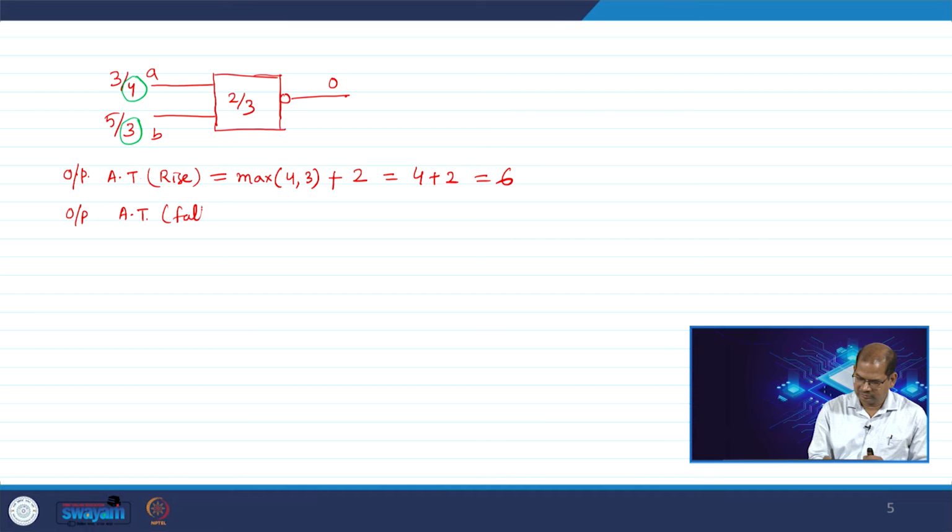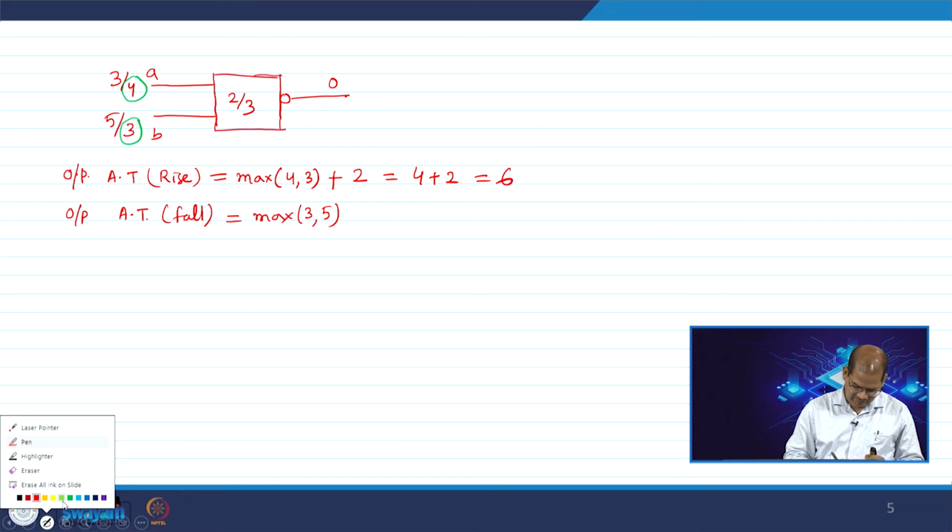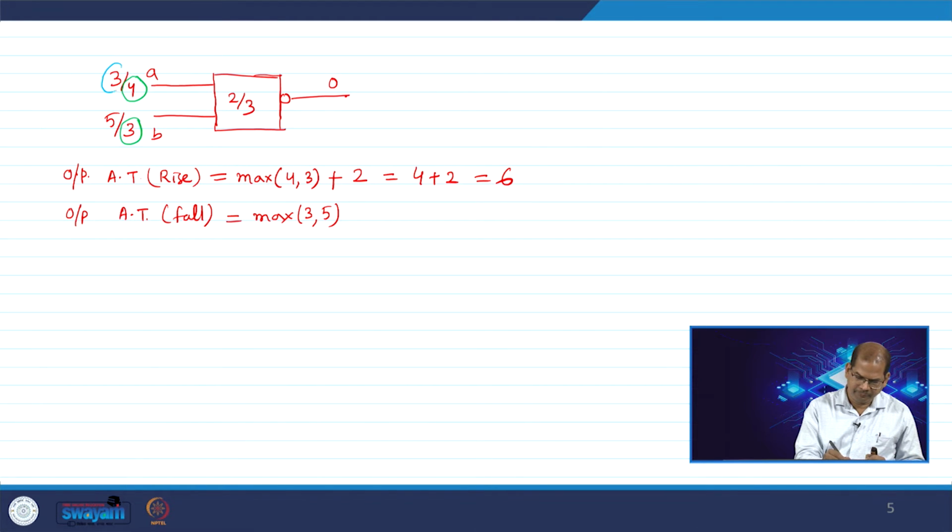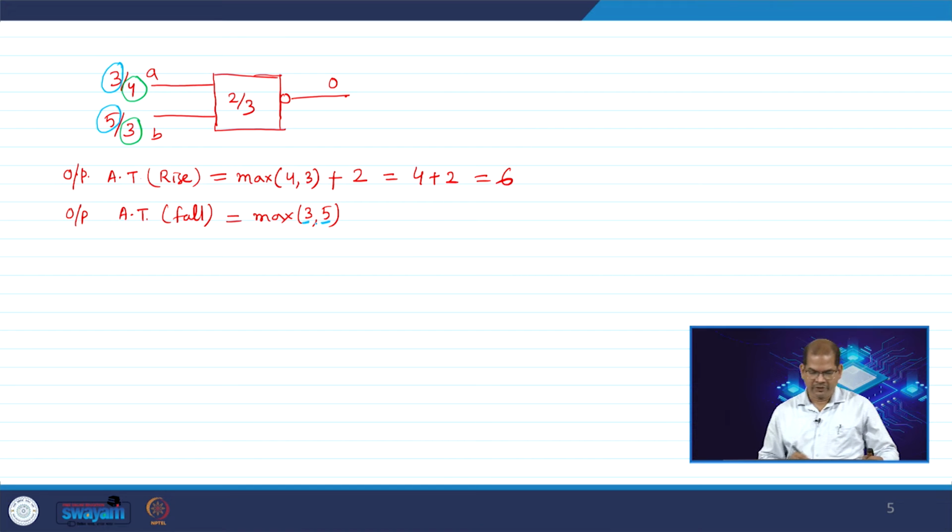Output arrival time fall is max of rise arrival time, rise is 3 comma 5. Actually, this 3 corresponds to this 3, and this 5 corresponds to this 5, correct.